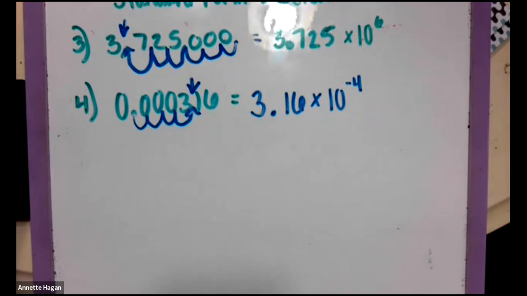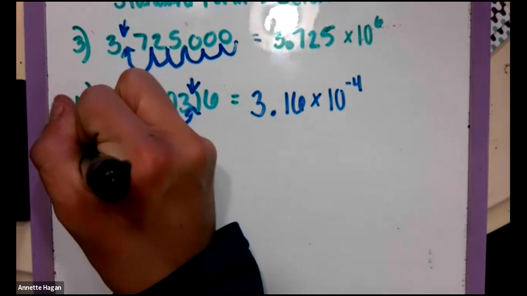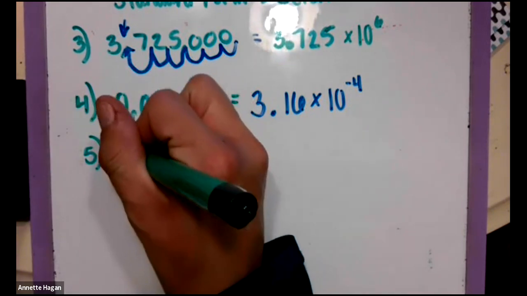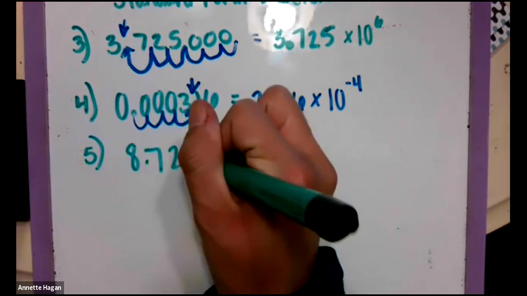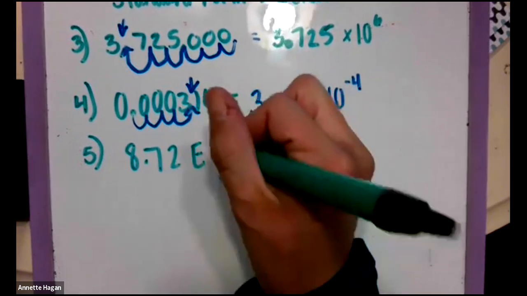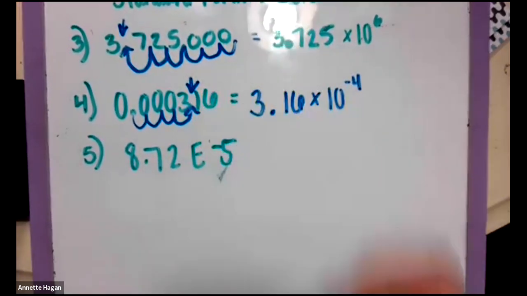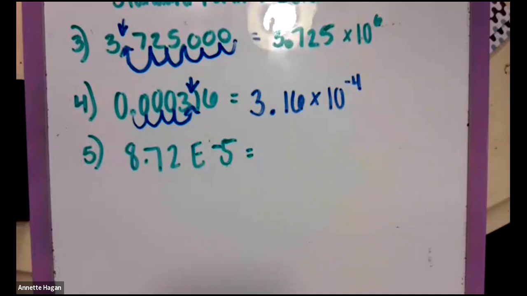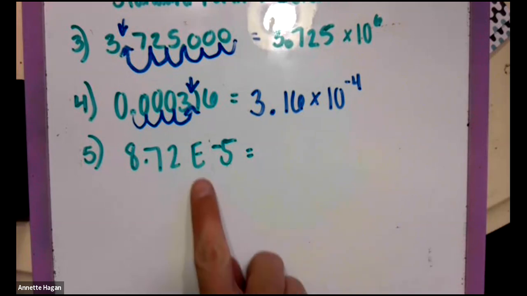And then the last example I have is example 5. Example 5 is our favorite kind of problem because it's 8.72 e to the negative 5th. Why did I even put this on here? This is what the calculator gives you. If you ever get a really, really big number or a really, really small number in the calculator, a lot of times the calculator will give it to you in scientific notation.